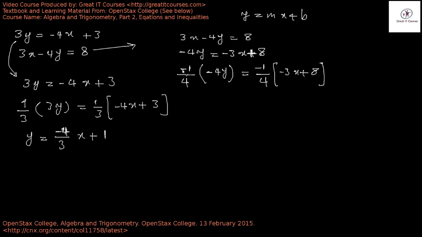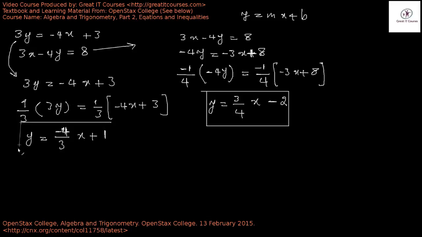So minus into minus is plus. 1/4 into 4 is equal to 1, and so you're left with y. So y is equal to minus into minus plus is 3 divided by 4 x, minus into plus is minus, and then 8 divided by 4 is equal to 2. So this is the other equation we were looking for, and this is the one that we found first.